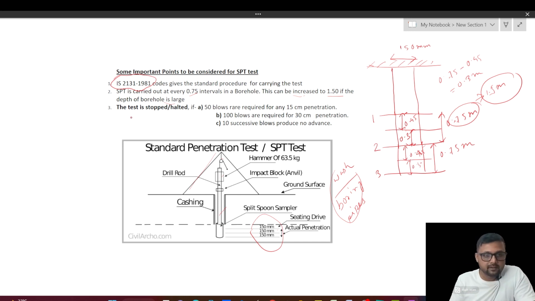Now, here what they have said is that the test is stopped, halted, if 50 blows are required for any 15 centimeter penetration. Suppose here you are penetrating and you find a strata where you find rock or hard strata.